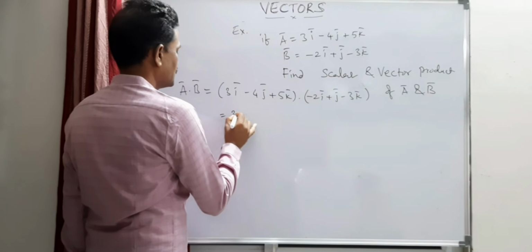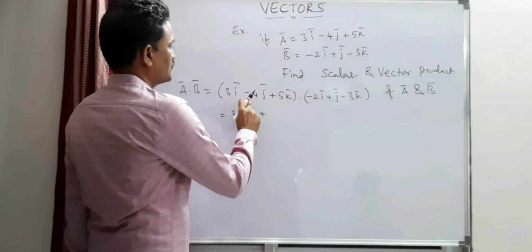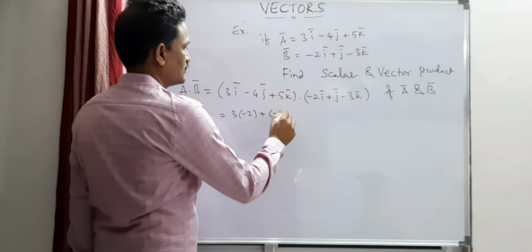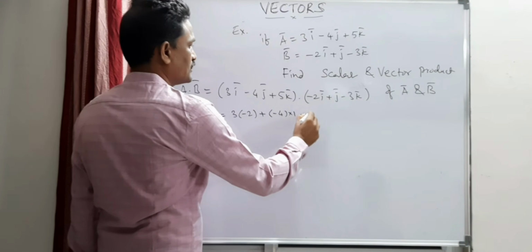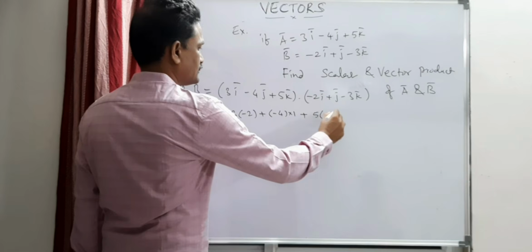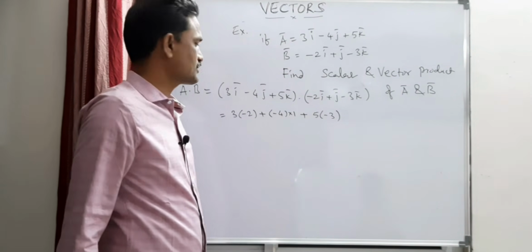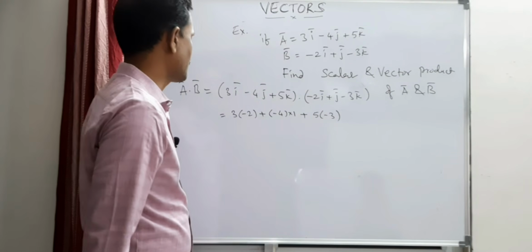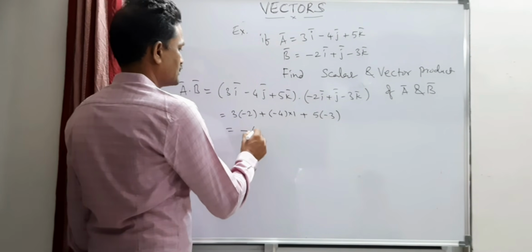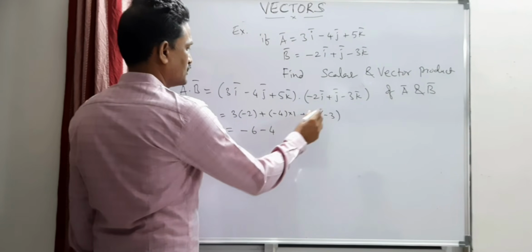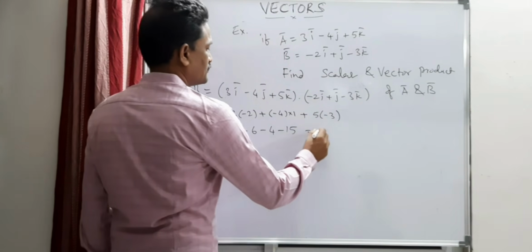So this is equal to 3 into minus 2 plus here minus 4 into 1 plus here 5 into minus 3. So better to put negative coefficients in brackets so that you will get the correct answer. So this is equal to minus 6, minus 4, minus 15. So the answer is minus 25.